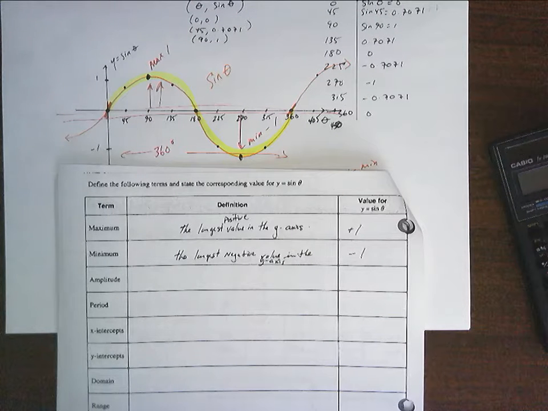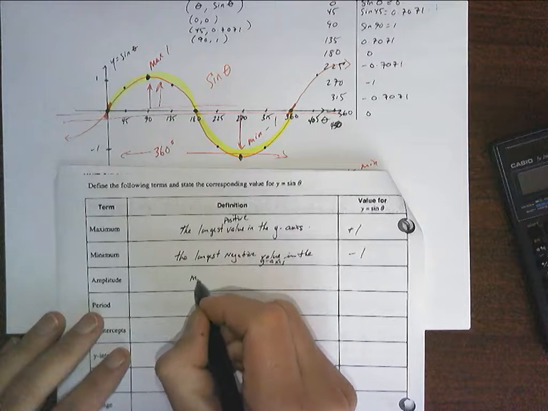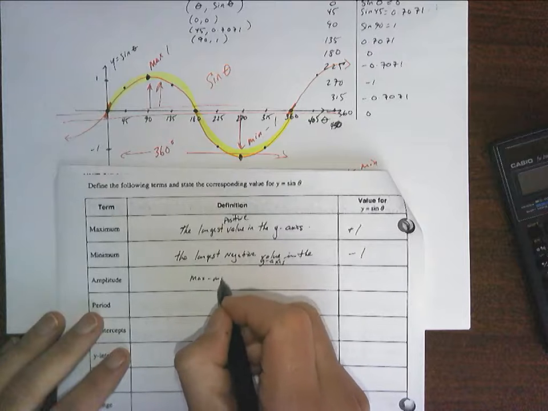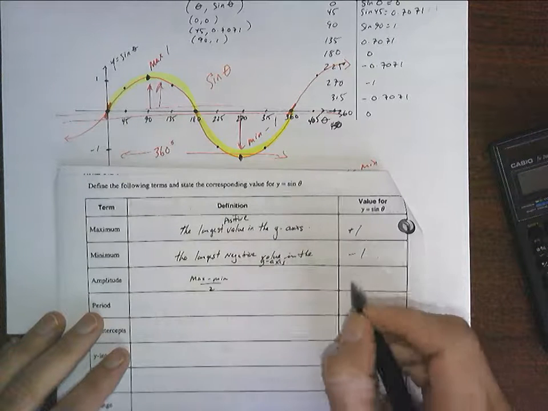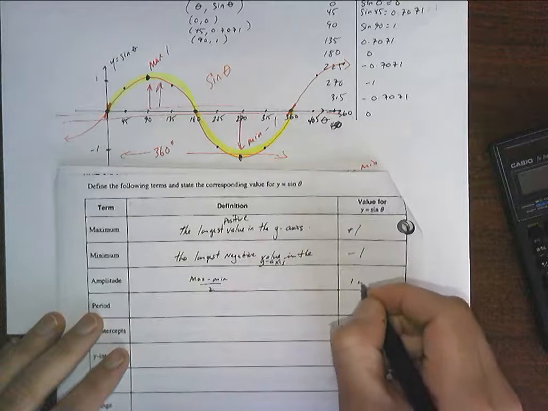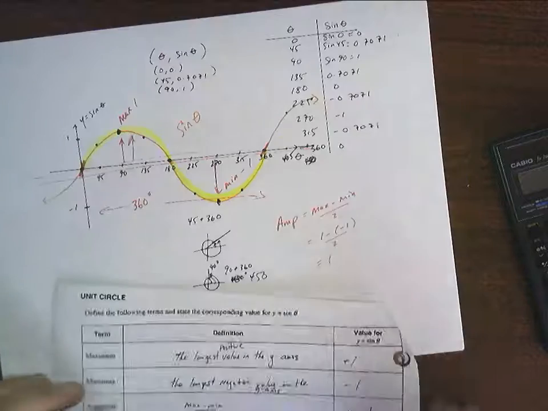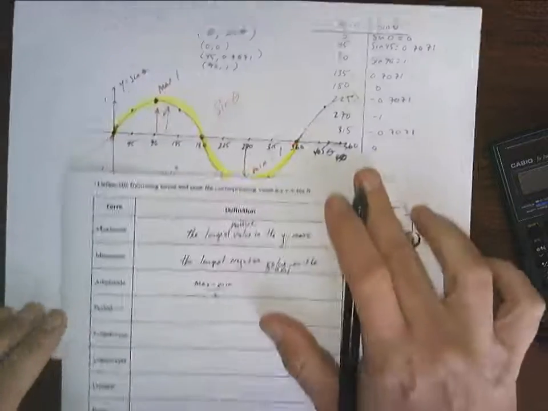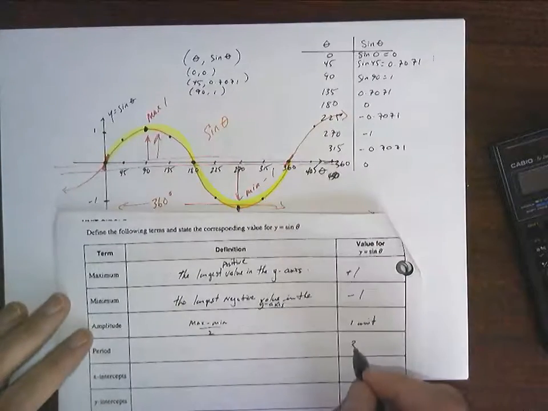So amplitude. Amplitude is given by max minus min divided by 2. And in this case, it's going to be 1 unit. I think. Yep, that's what we worked out. The period. The period is 360 degrees.